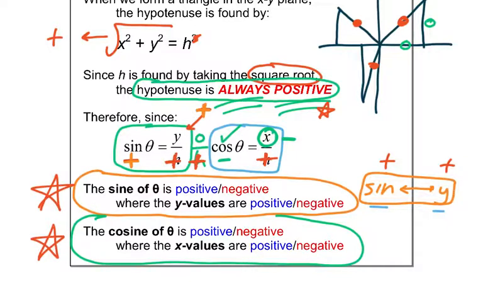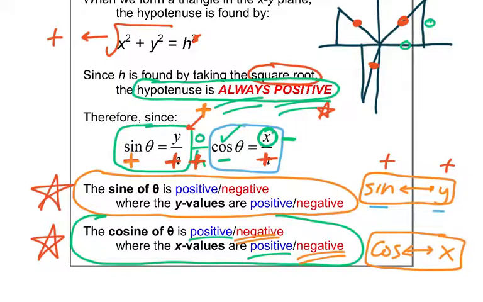If you know the x value is positive, then the cosine is positive. If you know the x value is negative, then the cosine is negative. So the cosine and the x values are close cousins with each other. Always put x with cosine and y with sine.